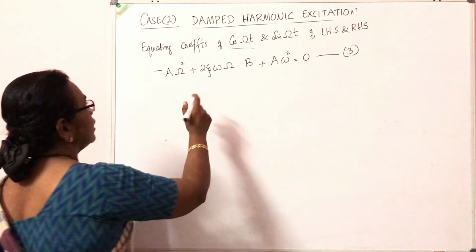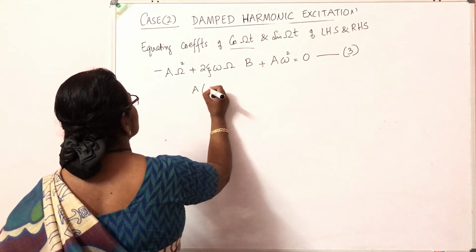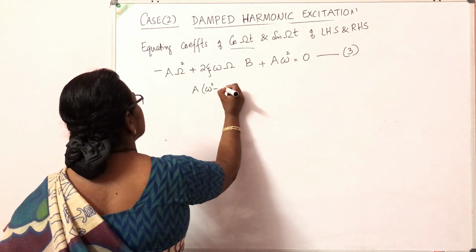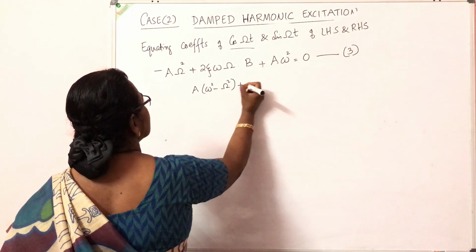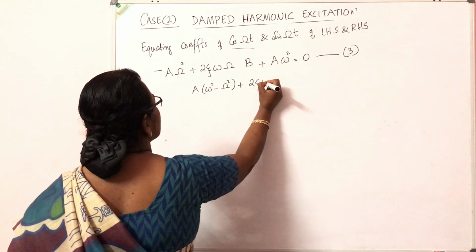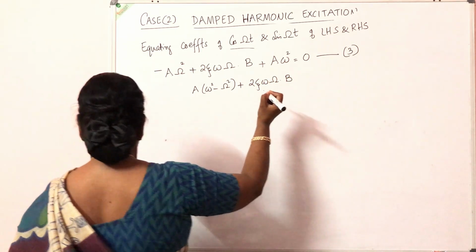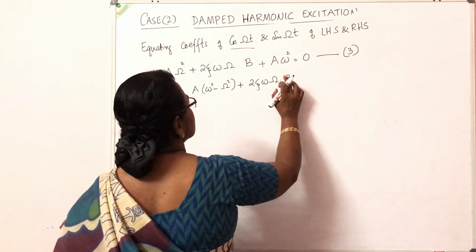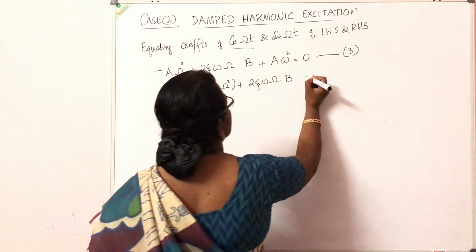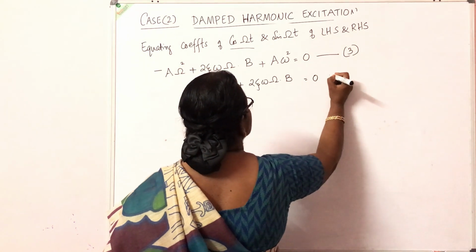Or this can be rewritten as A into (omega square minus capital omega square) plus 2 psi omega capital omega B is equal to 0.